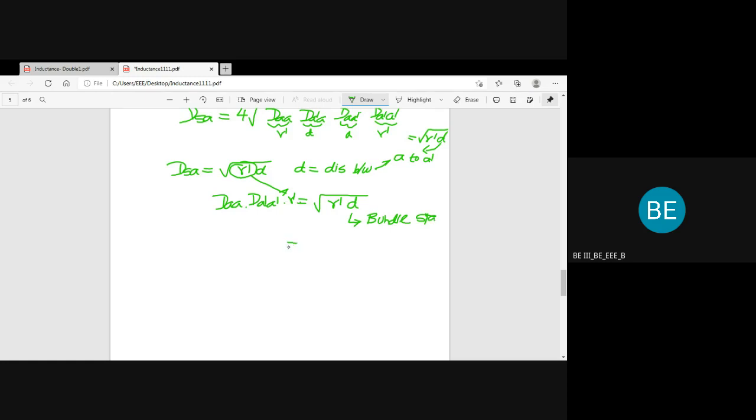So we know the R dash value, 0.009346. So bundle spacing, it will be 40 centimeter. So if you do that, so you will get an answer.